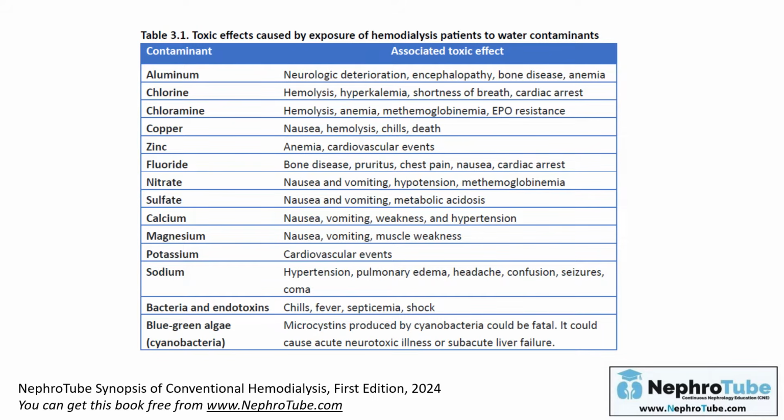And the problem with water contamination in dialysis is that it will not affect only one patient. If there is any abnormality or contamination of the water unit, this will affect mostly all the patients in the unit, and it may cause a disaster. Therefore, using a reliable water treatment system and regular water quality assessment are essential.